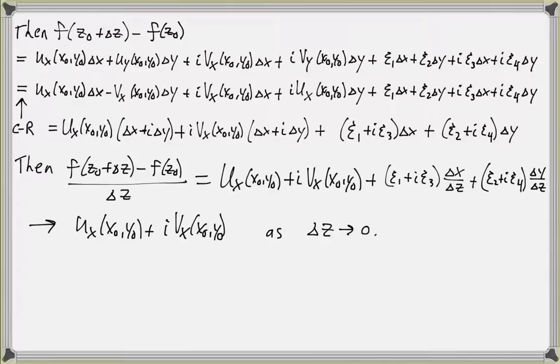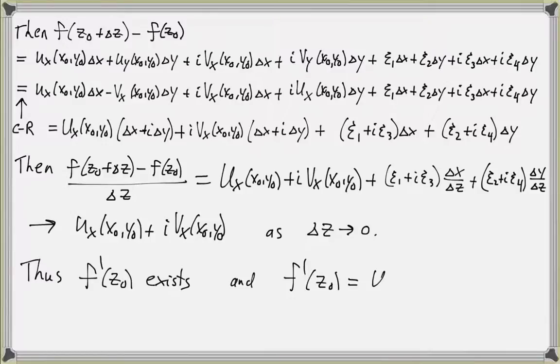And we see that therefore the derivative at z0 exists, and we've established the formula f prime of z0 equals the derivative of u with respect to x evaluated at z0 plus i times the derivative of v with respect to x evaluated at z0.